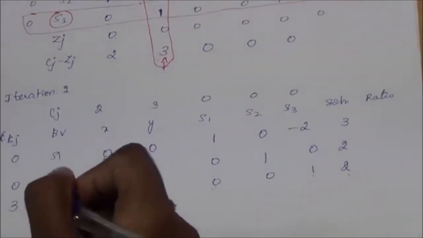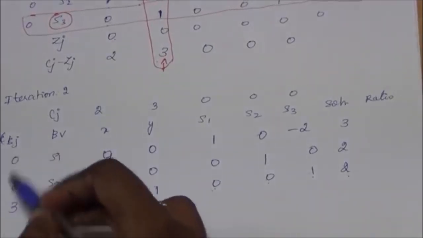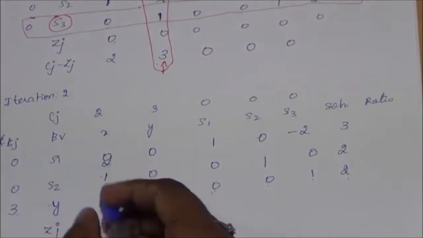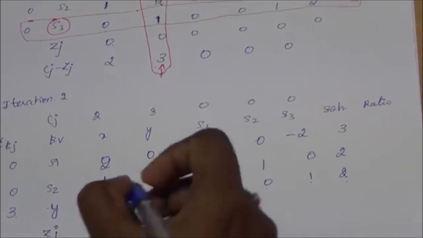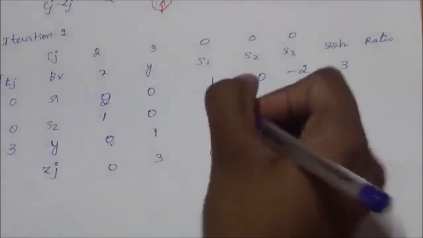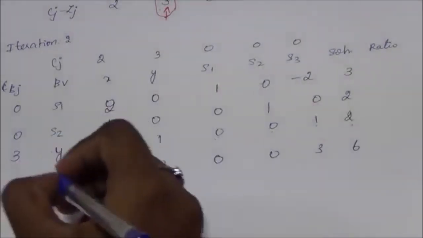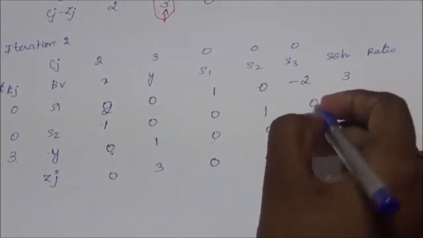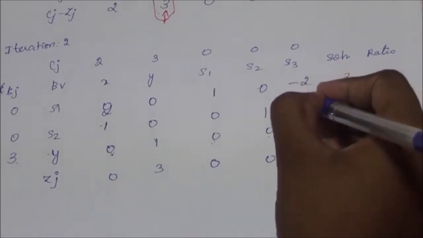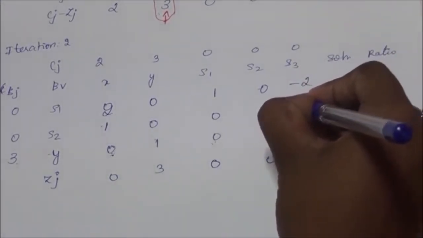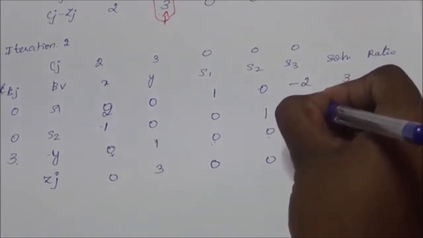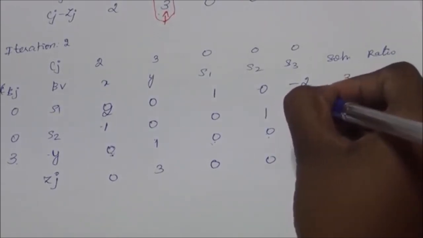Now again we have to find the Zj values, so we have to multiply these elements with these elements. So here it will be 0, 3, 0, 0, 3, 6. Sorry, here the value will be minus 1, not 0.